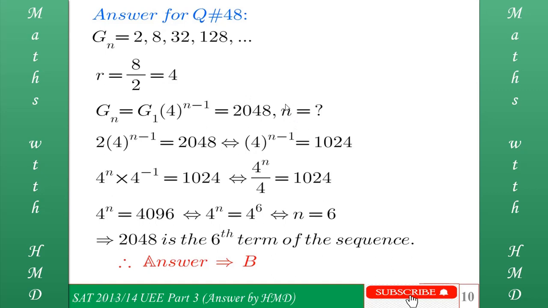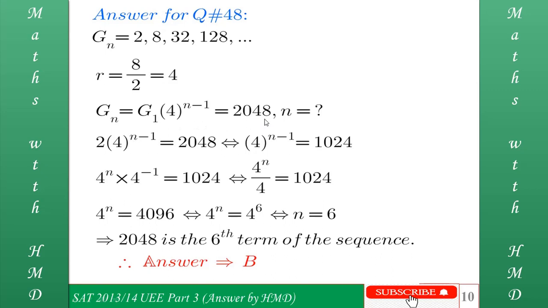And actually we are asked to find the n, or which term is 2048, right? So we are going to find n because g of n is given as 2048. So now g of n is 2048 and we are going to calculate the value of n here.